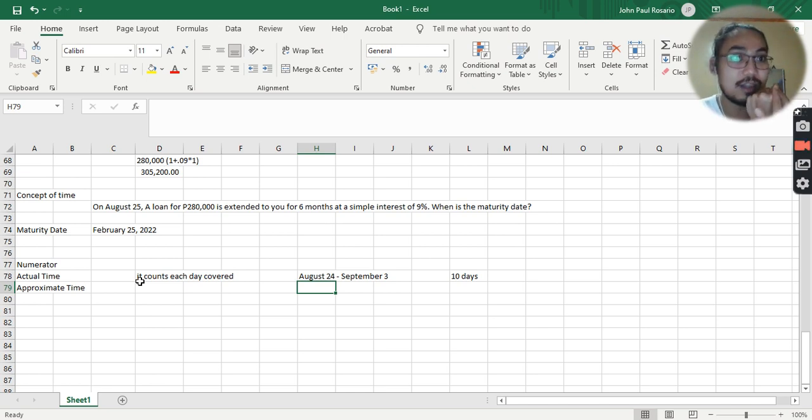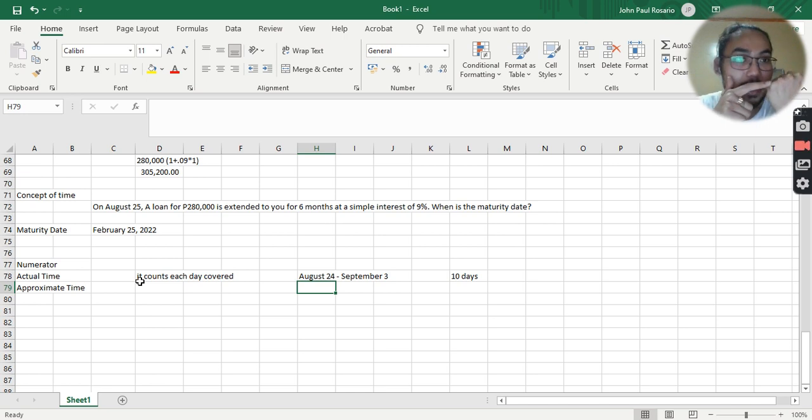August 31, September 30, October 31, November 30, December 31. Again, the months on the knuckles have 31 days, the others have 28 or 30.